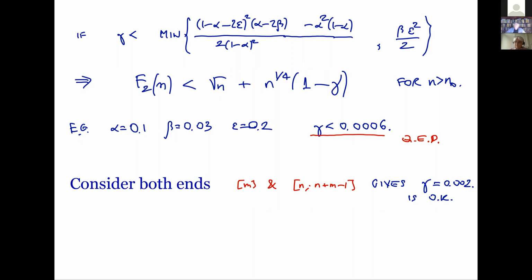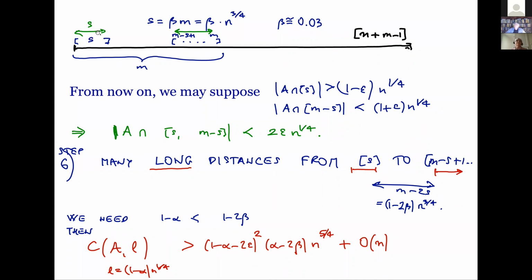But anyway, the main point is, again, this figure here, that in the first 3%, there should be many elements of the Sidon set, many more, otherwise the variance is small. And then there should be a large gap, otherwise the variance is small. Now, that's the whole thing.